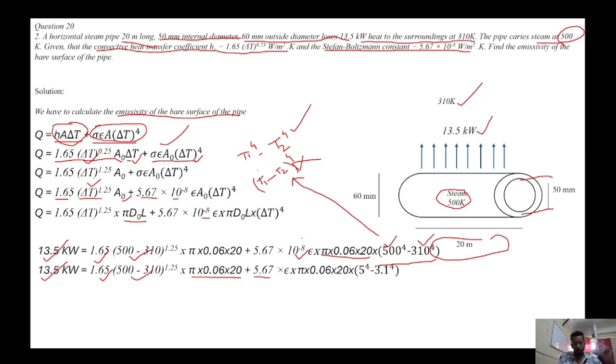Now this 10 to the power minus 8, where does it disappear? It does not disappear. Sigma pi d naught L is the same as it is here, right?